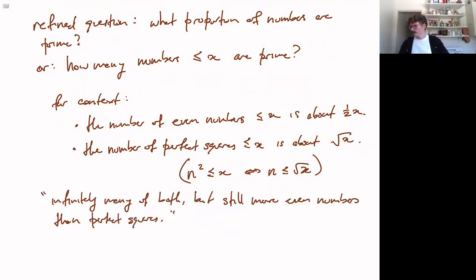Right, because essentially this is going to grow faster than this. If you look at x equals 100, for example, this thing is 50 and this thing is only 10. Or if you go even further and look at 10,000, this is 5,000 and this is only 100. So there are lots more even numbers than there are perfect squares in this sense.